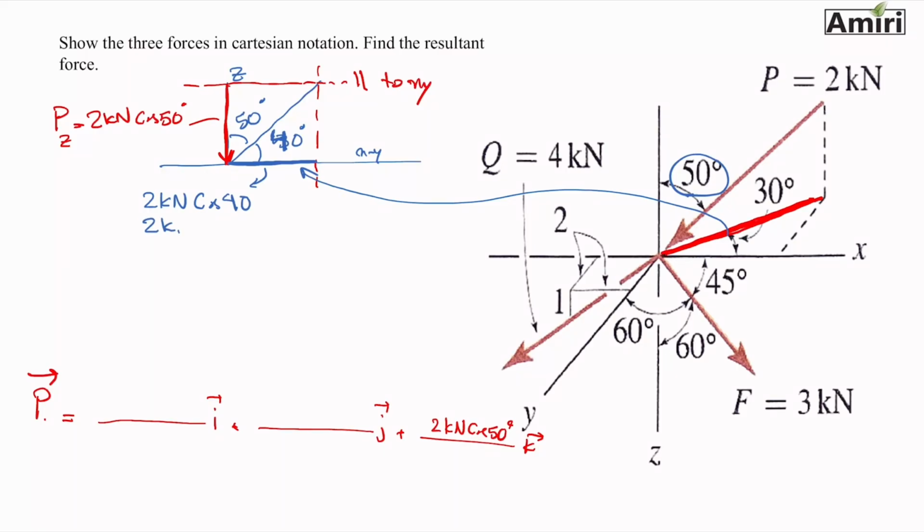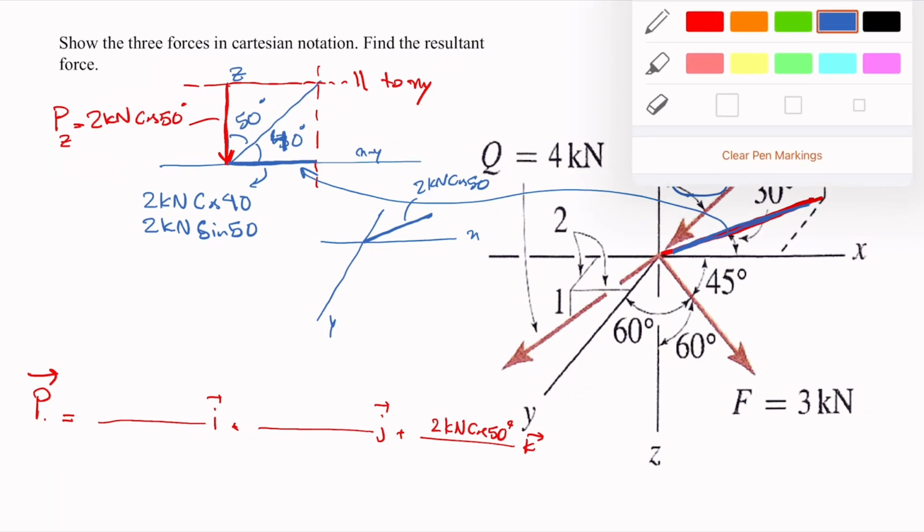Or some people might like to write it as sine 50, which is fine. So I know this line right here, and it's flat on the xy plane. It's kind of like this, y, x, and I know this is 2 kilonewtons cosine 50. Now this vector, I'm going to use green.